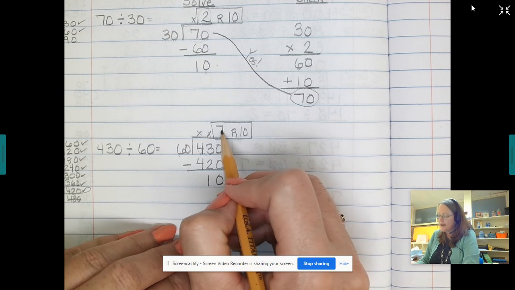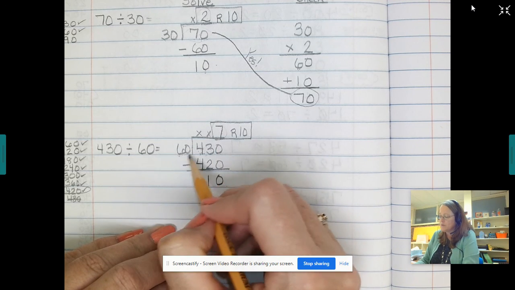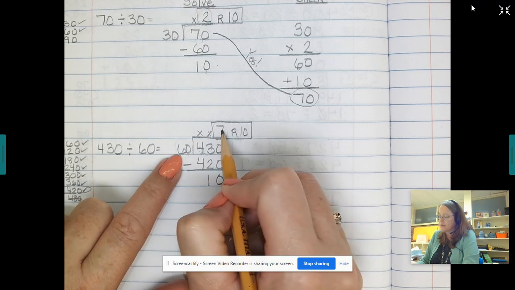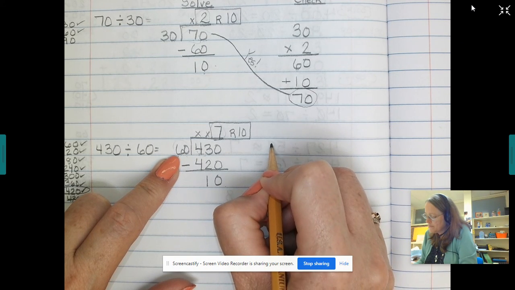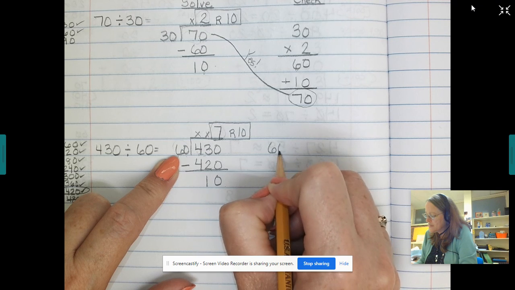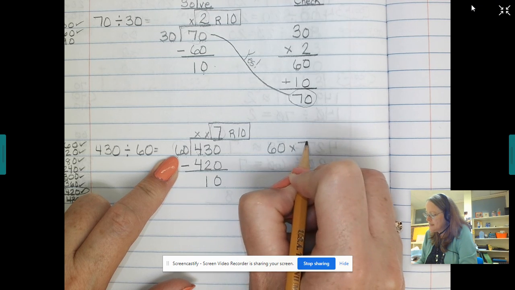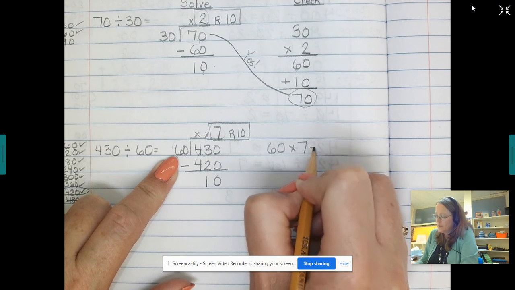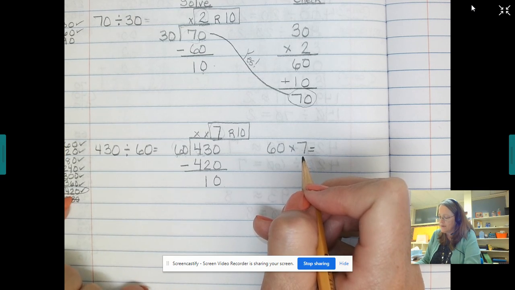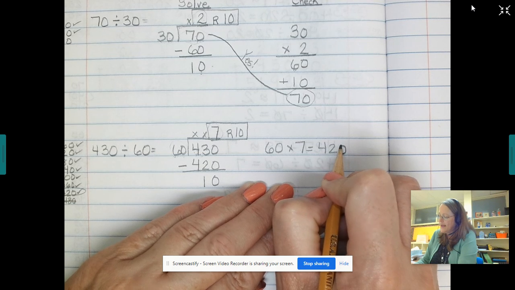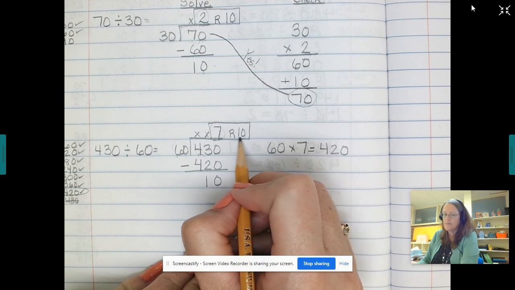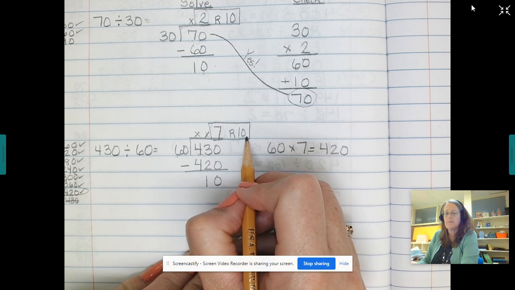So let's multiply our quotient times our divisor, 7 times 60. Maybe I'll do it this way: 60 times 7. Well, we already know that 60 times 7 is 420. And then I need to add back in my remainder.